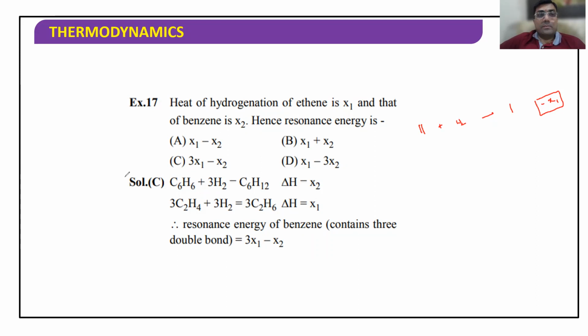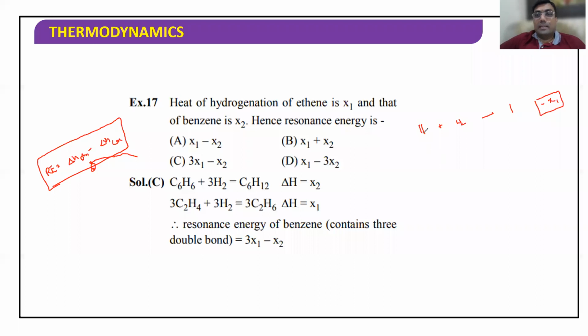For benzene, the resonance energy is equal to delta H observed minus delta H calculated. This is the resonance energy, and in the next session I'm going to teach this. Now what is required here? That of benzene is asked.